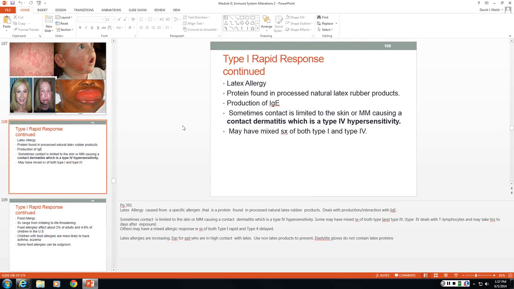A latex allergy is caused by a specific allergen, a protein found in processed natural latex rubber products. It deals with the production or interaction with IgE.